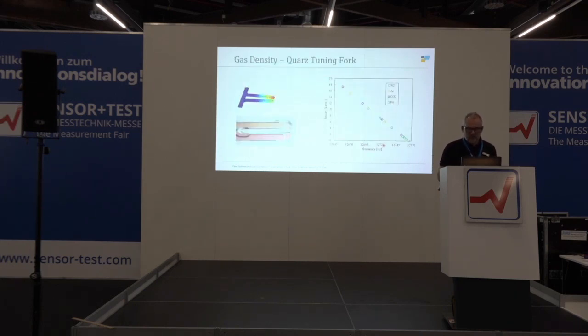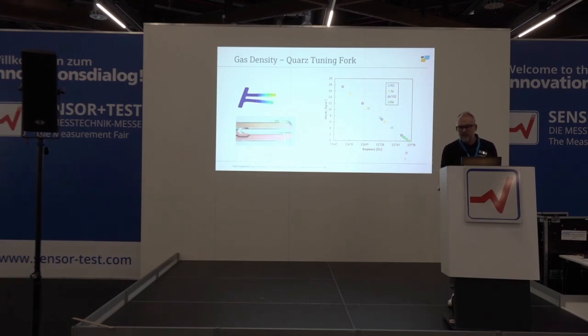So let's see how the density sensor performs. These are different gases: argon, nitrogen, CO2, helium, at different pressures. And you see, the lower the density, the higher the frequency. These watch tuning forks are tuned to 32.7 kilohertz at vacuum.